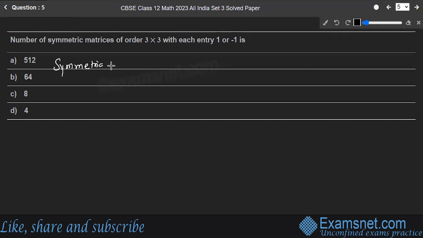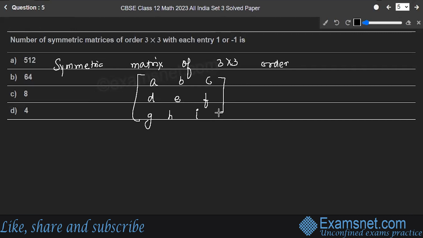Symmetric matrix of 3 by 3 order is given by A, B, C, D, E, F, G, H, I. Sorry, I'm going to form a symmetric matrix.